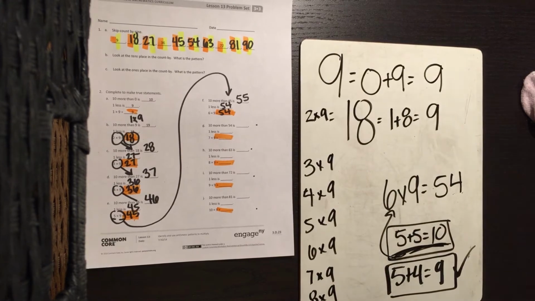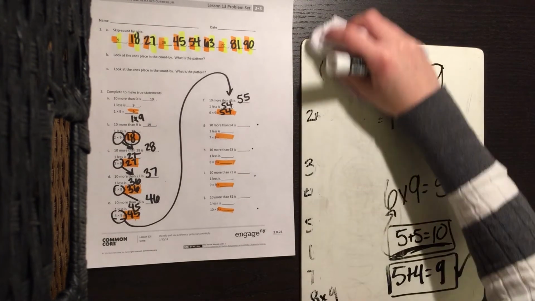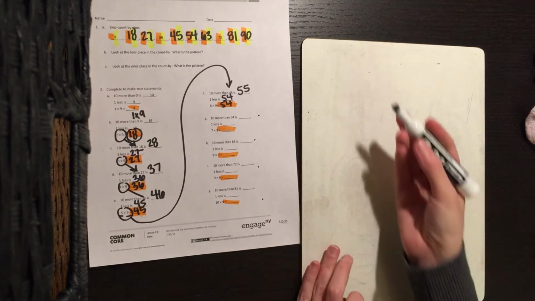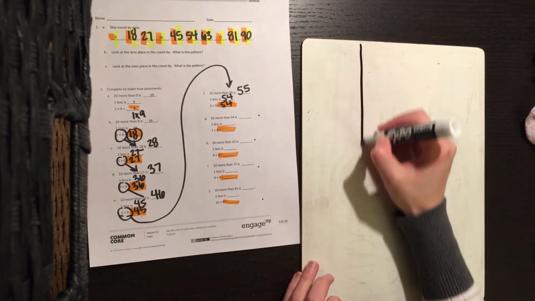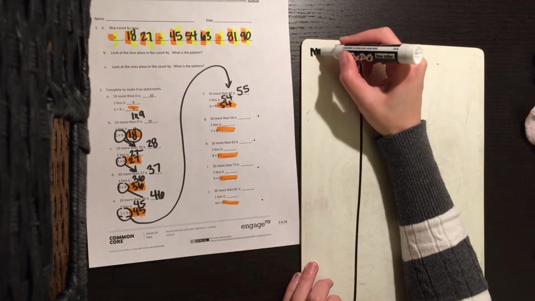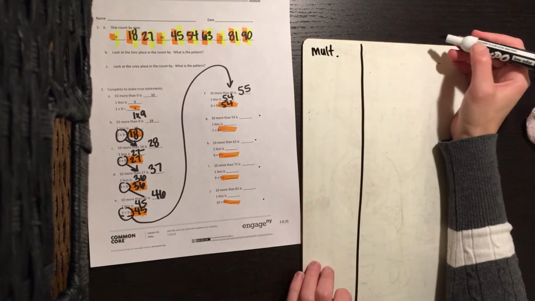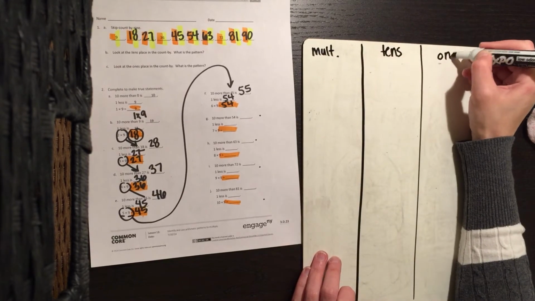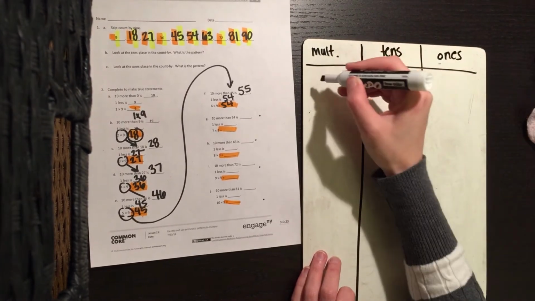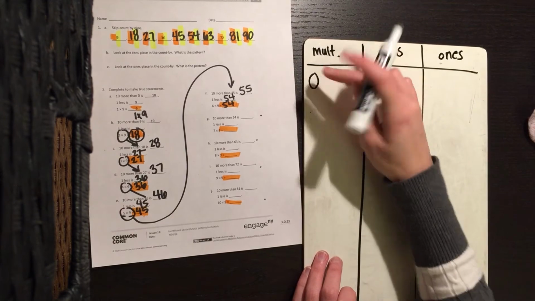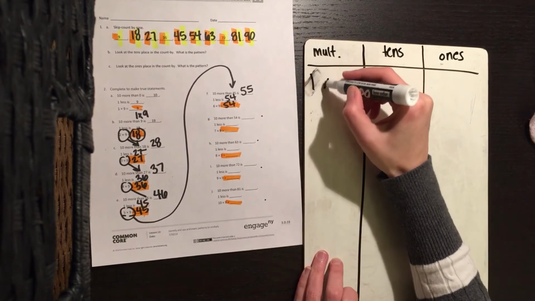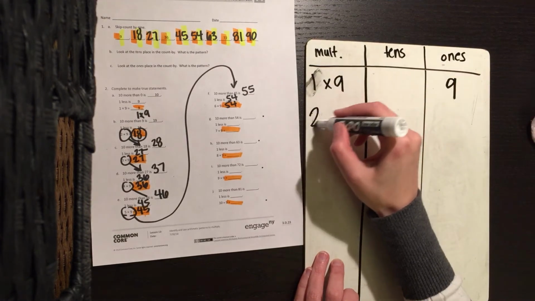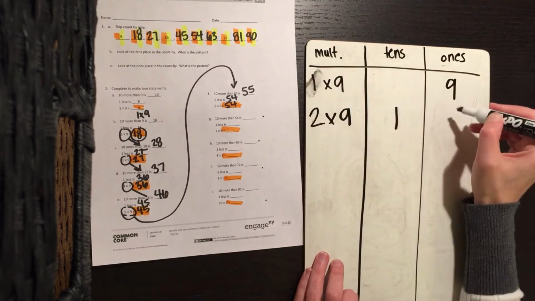We're going to look at one more pattern with 9. I want you to take your piece of paper, get to a nice clean part, and we're going to do the following. I want you to make 3 columns. This is going to be your multiplication problem, and this is going to be your answer with 10s and 1s. So for example, let's start with 1. 1 times 9 equals 9. 2 times 9 equals 18.